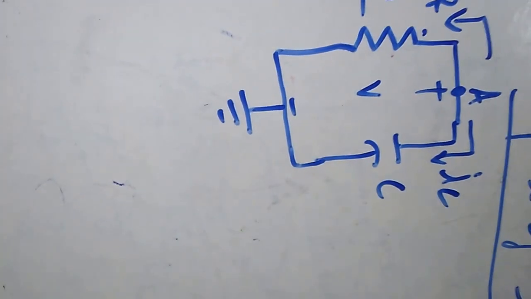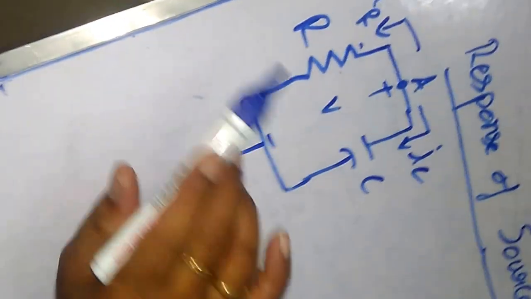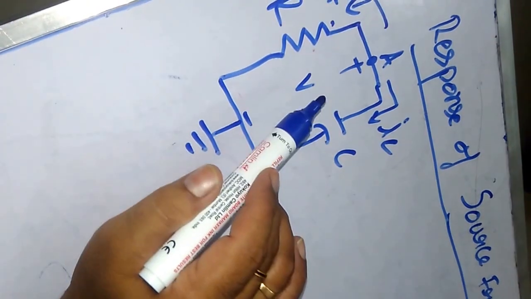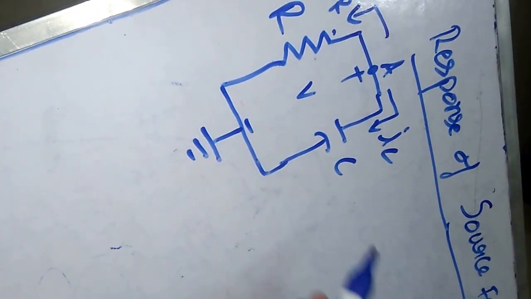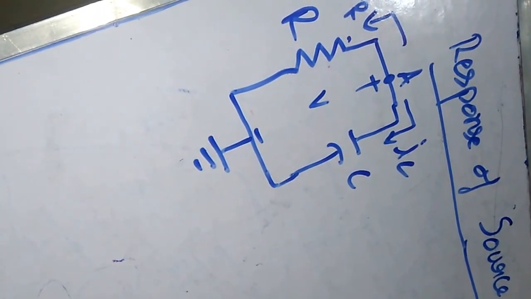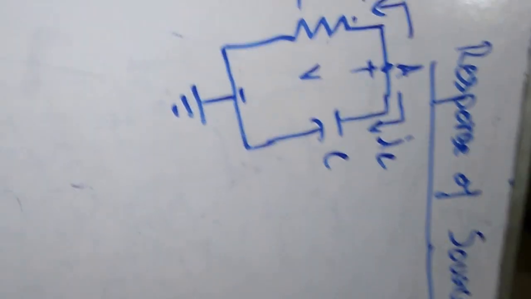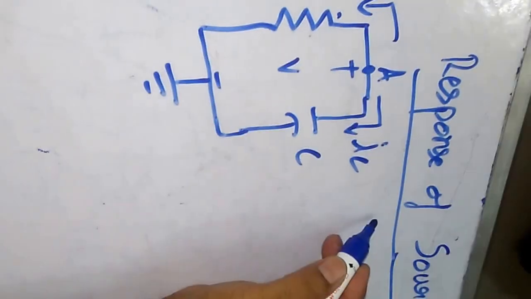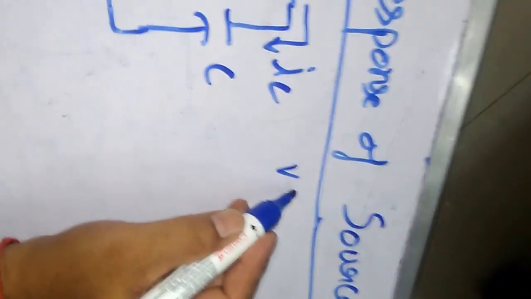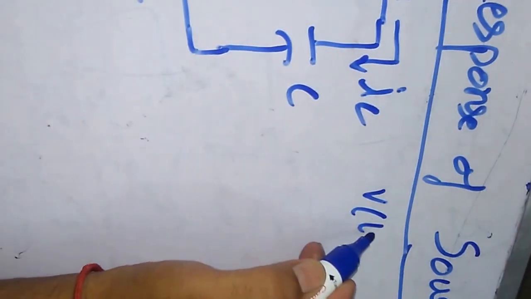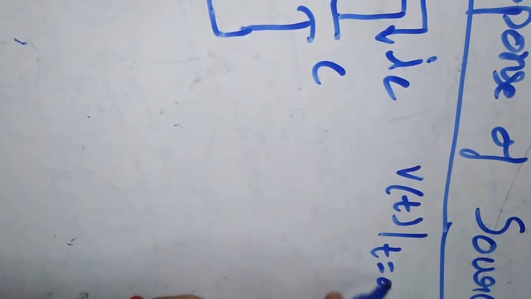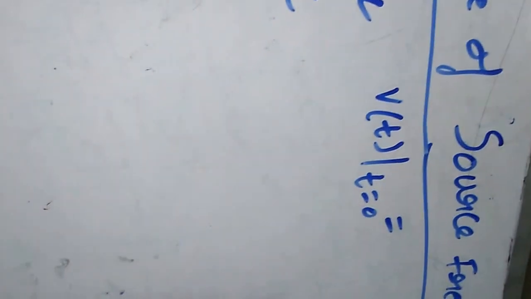Now here there is no power source, or you can assume the circuit is disconnected from DC. So how it behaves, that we need to derive in the form of an expression. You consider the voltage across the capacitor as V of t, and at t equal to 0 or before, there is some initial energy stored in the capacitor.